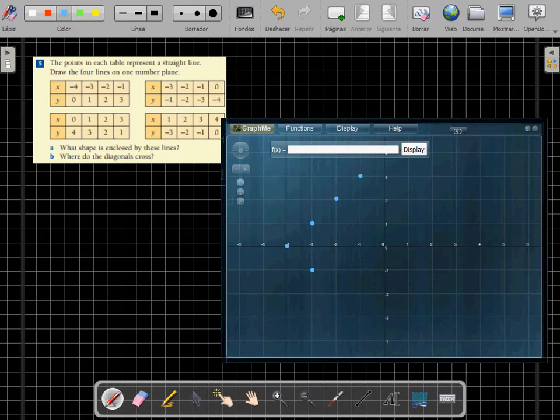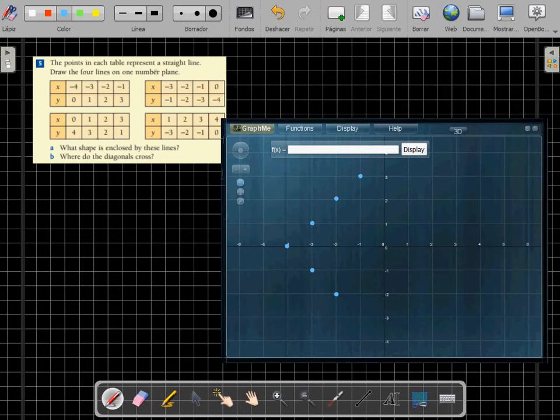Let's go on with the other point. We have -2 in x, -2 in y. Here it is, -2 in x, and now we're going to move down until we reach the -2 in y. There it is, -2 in x, -2 in y.